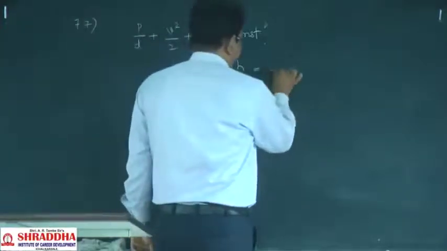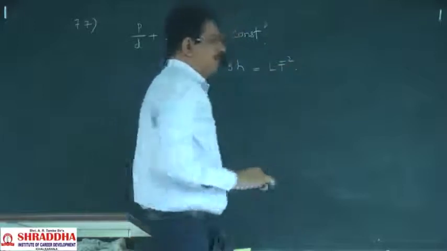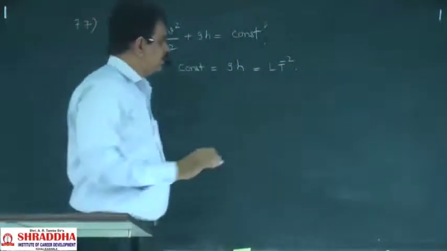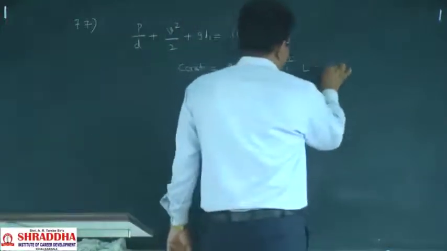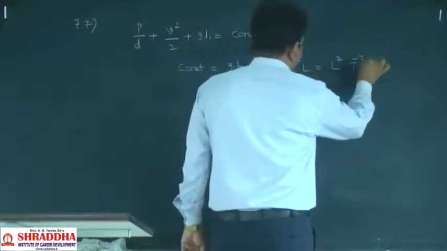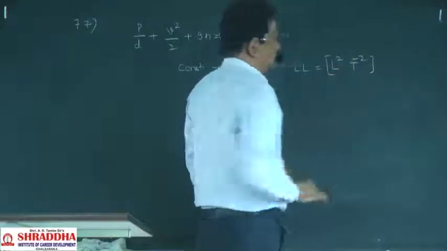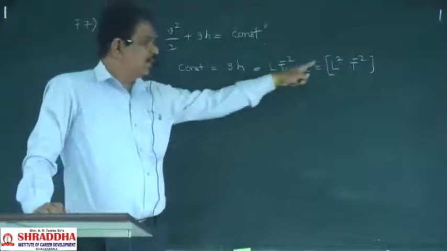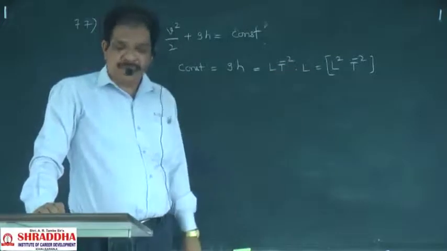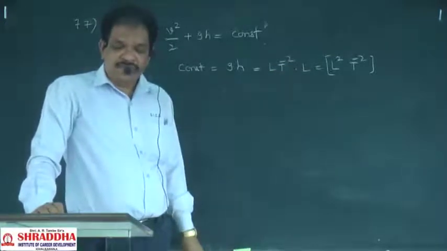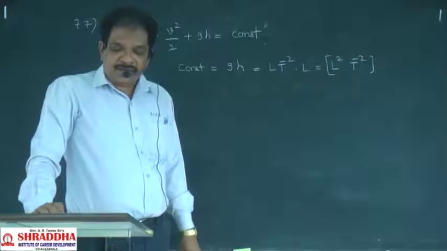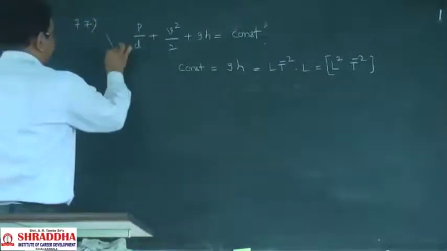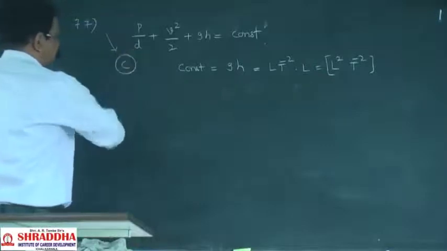So here G value will be LT power minus 2, H value will be L, so it becomes L square T power minus 2. L square T power minus 2 will be the dimensions of constant. So what will be the answer? Means 77, it will be C.